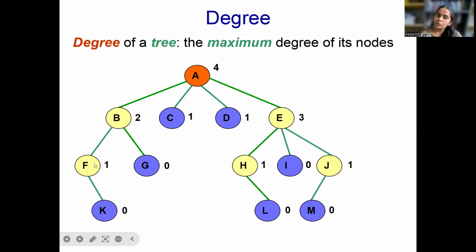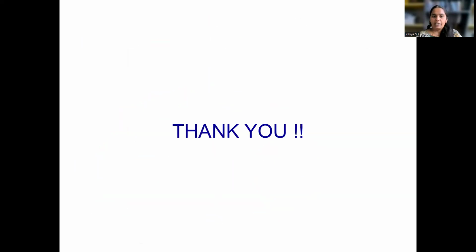The degree of B is 2. Why? Because it has 2 children created from B itself. Talking about A, it has 4 children. So this is how the degree of each node is calculated.